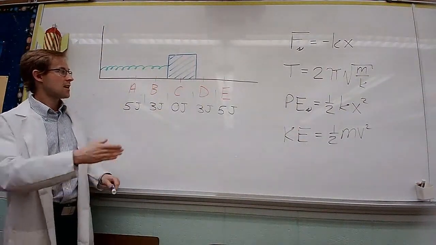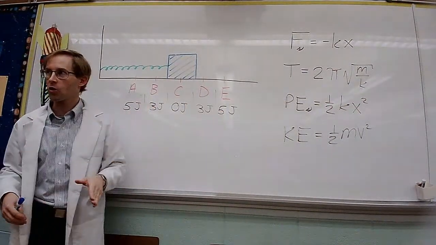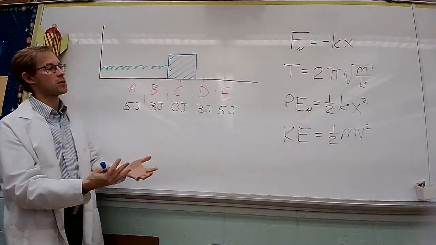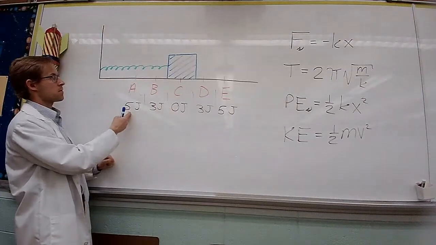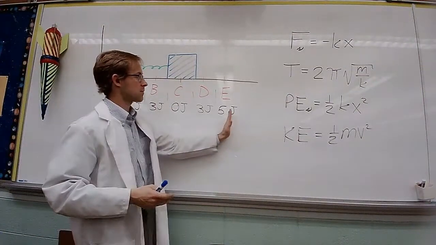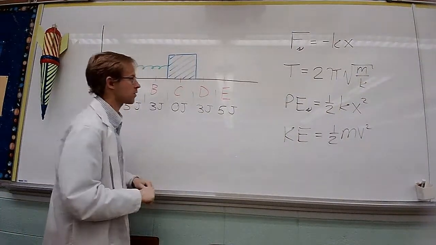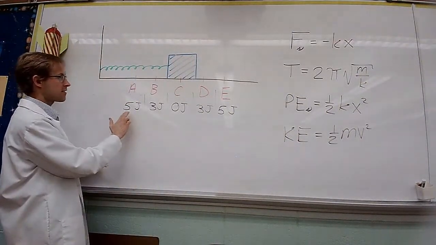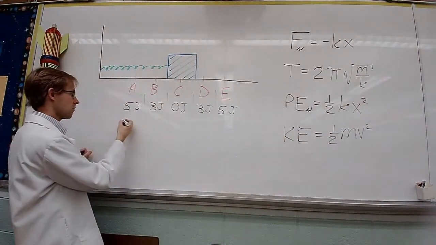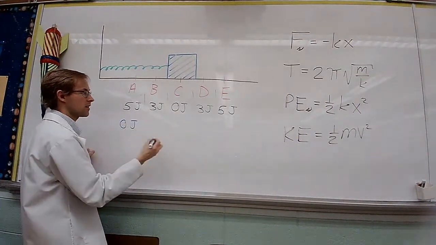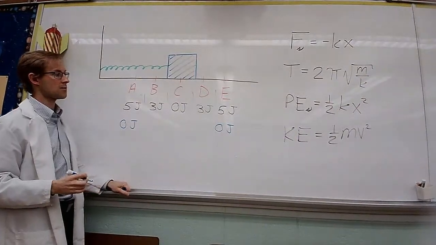Now at letter A and E, these are the positions where your total energy is going to be fully and completely spring potential, because at your maximum compression here and your maximum distance here, all of your energy is in spring potential form at those locations. So at letters A and E, your kinetic energy would be equal to nothing, because all your energy is spring potential at those locations.